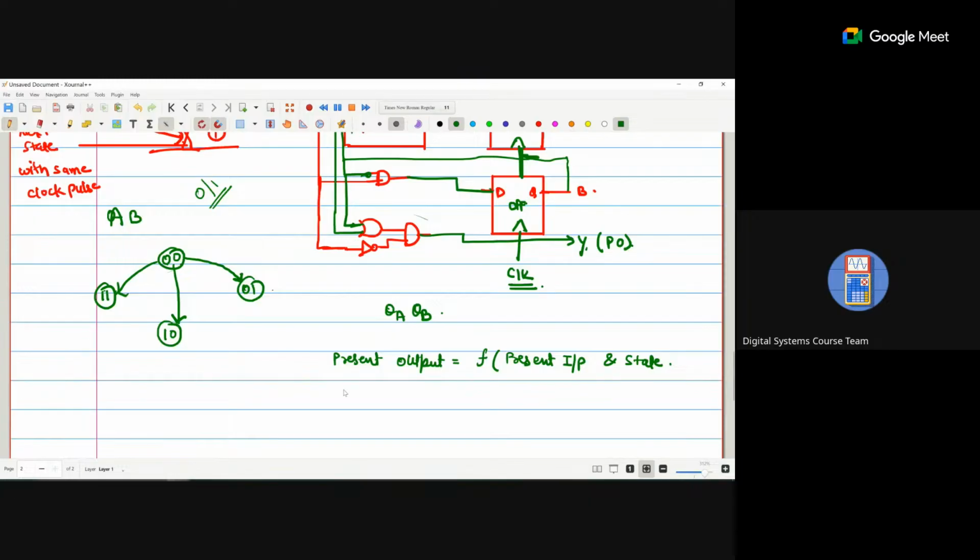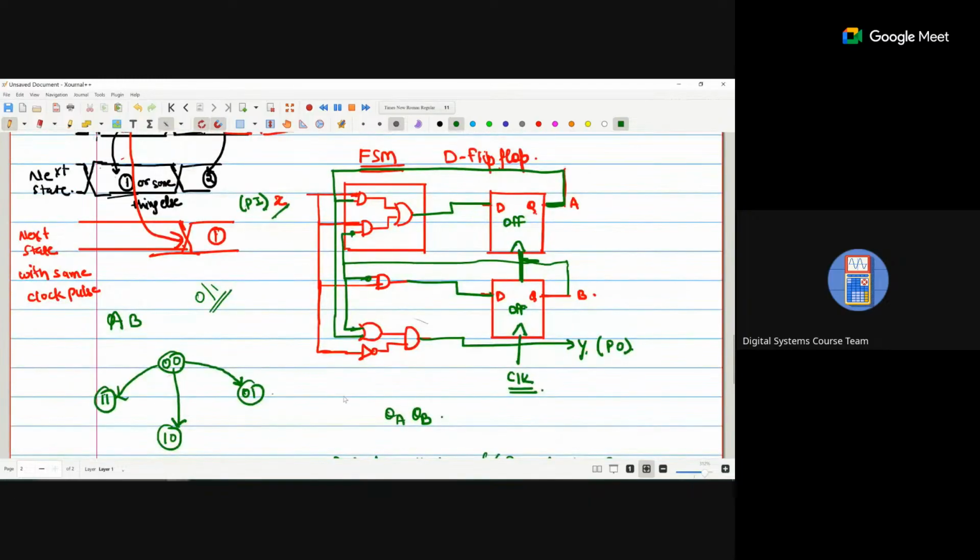If you see where we are getting the present output, it is from this COM block 2. From this one we are getting the present output, and from this one we are getting the next state.